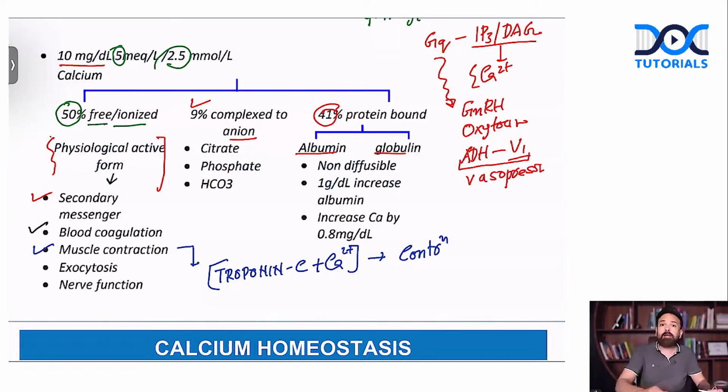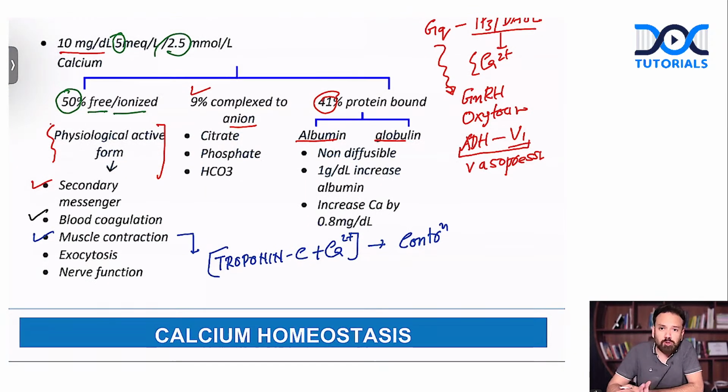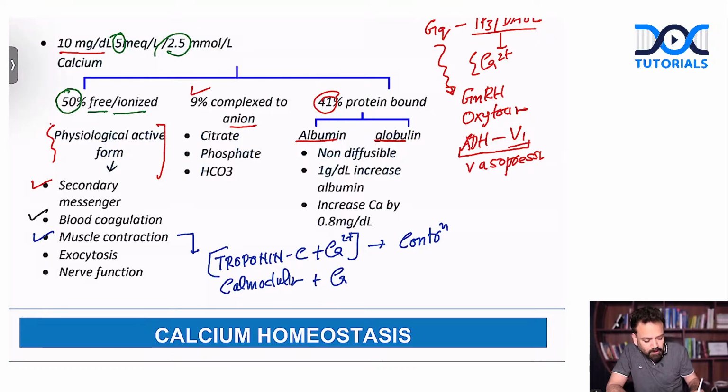So this is the trigger for skeletal muscle contraction. Of course in smooth muscle also, but there calcium will act through calmodulin. Either in skeletal, smooth, or cardiac muscle, everywhere calcium is needed. Proteins can be different, but calcium is needed for muscle contraction.